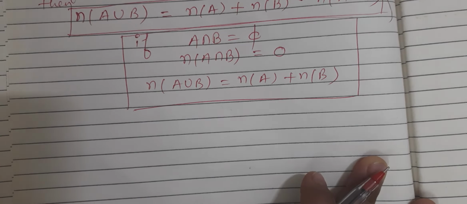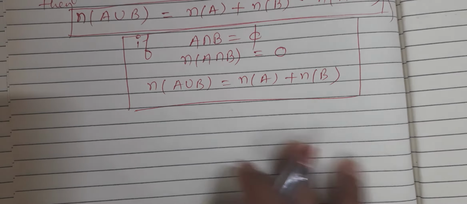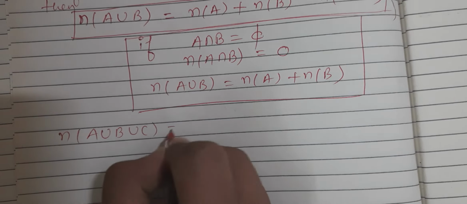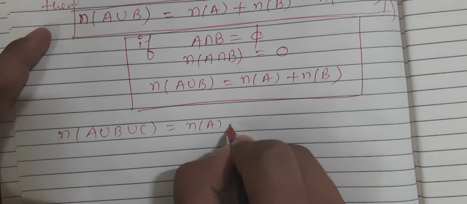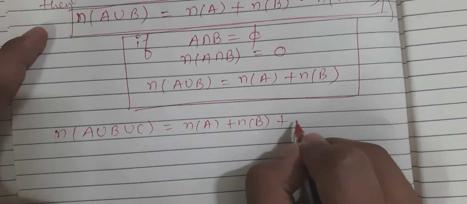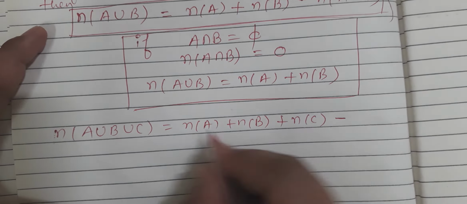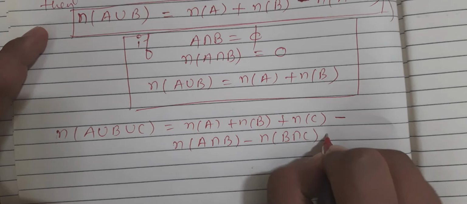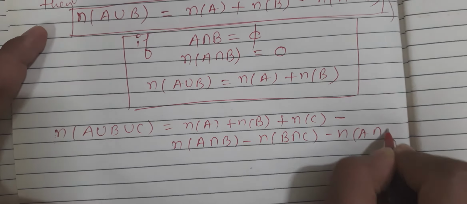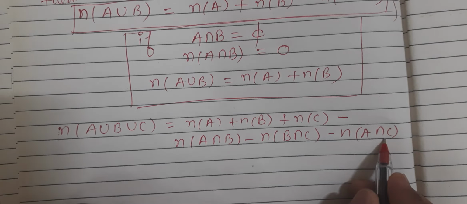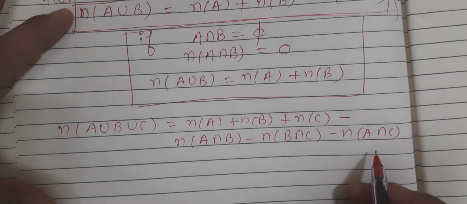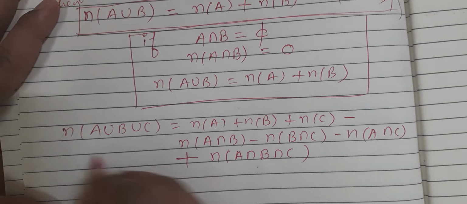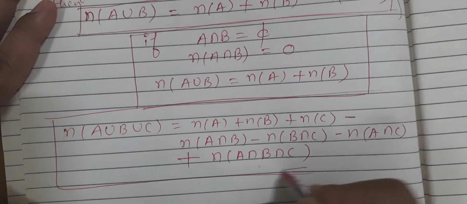And what if we have 3 sets? Then the number of elements in set A union B union C will be NA plus NB plus NC minus N of A intersection B, minus N of B intersection C, minus N of A intersection C, and plus N of A intersection B intersection C. Again a very important result for 3 sets.